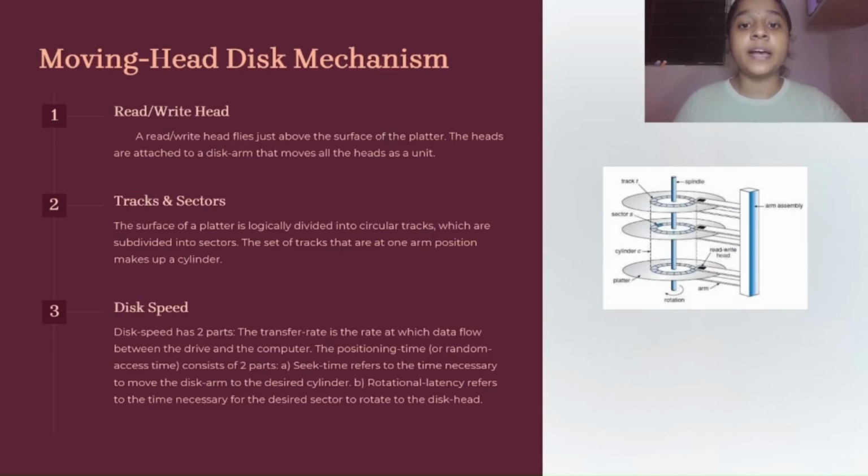Disk speed has two key components: the transfer rate at which data flows between the drive and computer, and the positioning time, which includes seek time to move the arms and rotational latency to wait for the desired sector. Understanding these mechanical aspects of disk drives is important for optimizing storage performance and reliability.